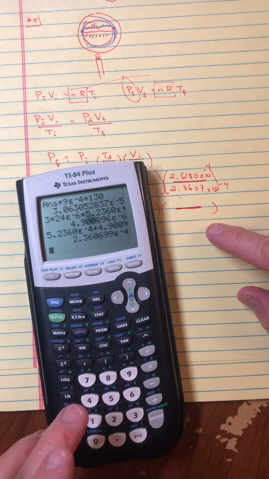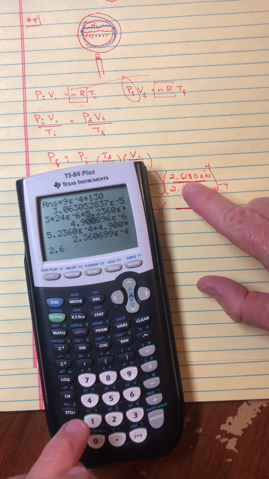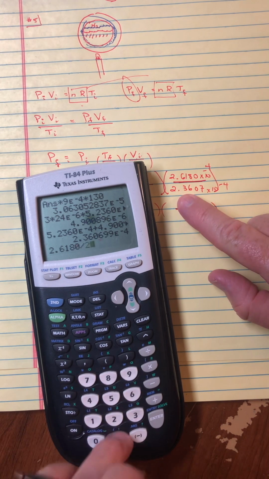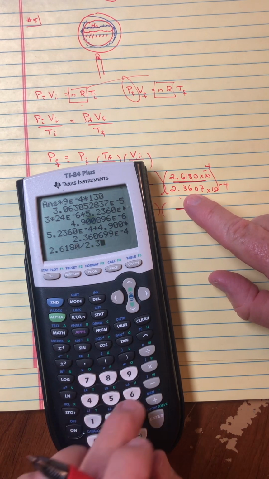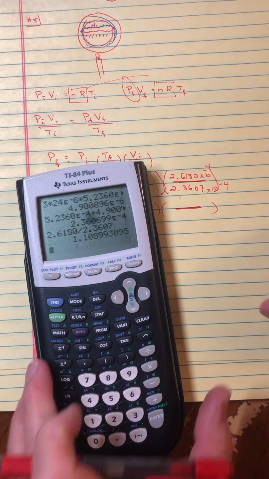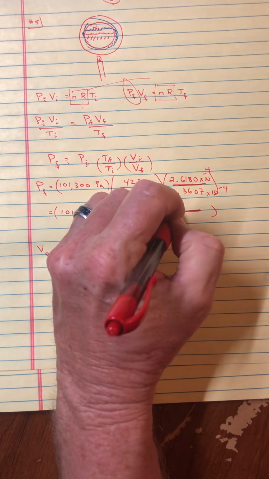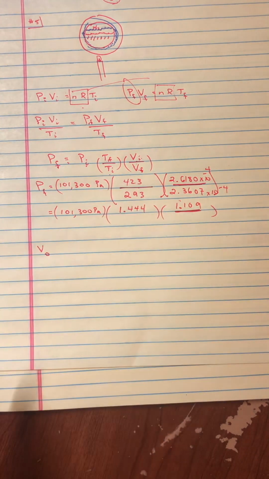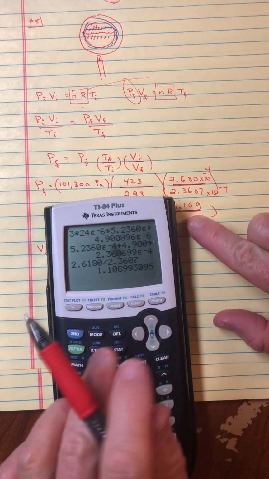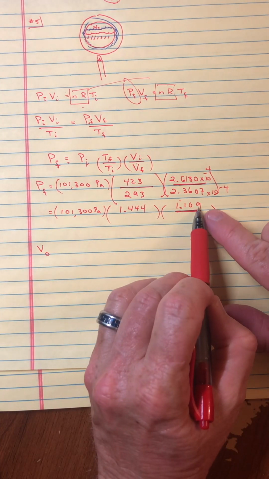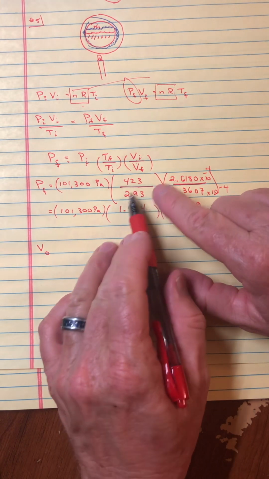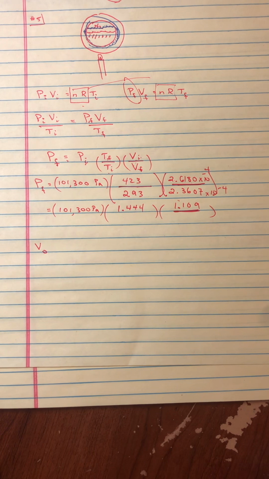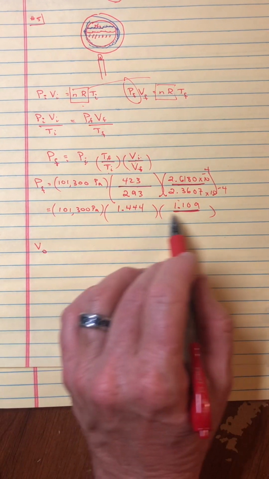And again, maybe just out of a fun curiosity, how much is this factor? The fact that the volume is smaller. And so this will increase the pressure by roughly 10.9%, whereas the temperature change is increasing it by about a 44.4%. So it's going to go up by both factors.